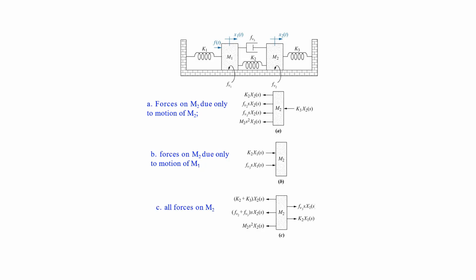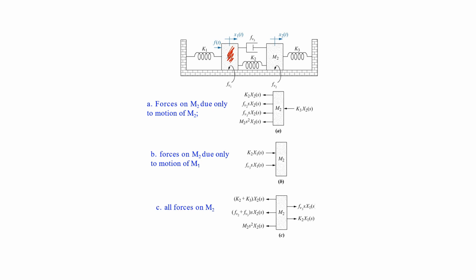Now we will find the free body diagram for the mass m2. Again, we will follow the same procedure. Firstly, we will find all of the forces on m2 due only to the motion of m2. So we will hold the m1 mass still, and we will see how many forces are acting on the m2.